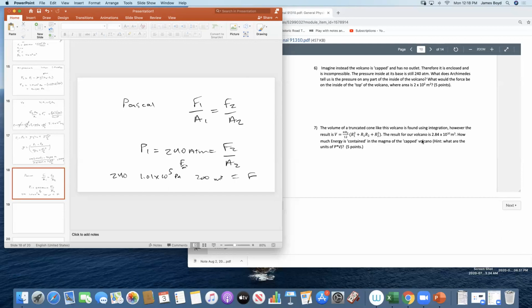So you just have to know that 240 atmospheres times 1.01 times 10 to the 5th pascals per atmosphere times this volume gives you the energy stored inside that volcano. And it's a really, really big number. Something like 10 to the 15th or 10 to the 16th joules.